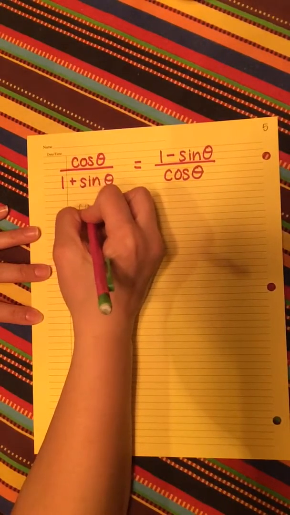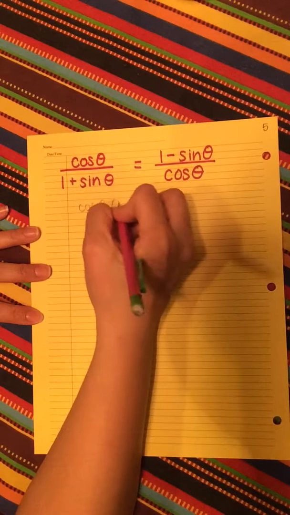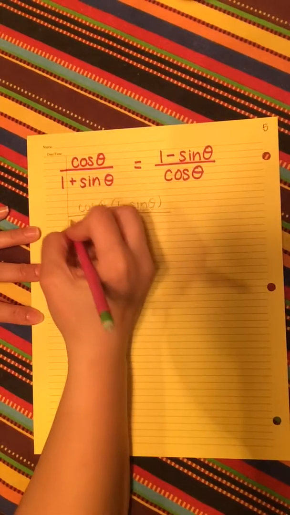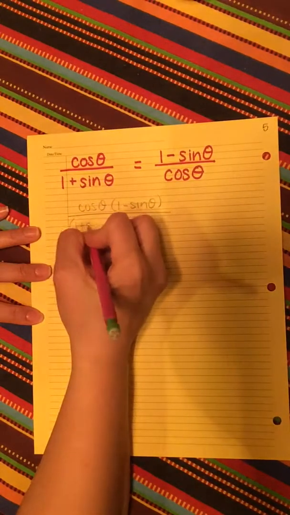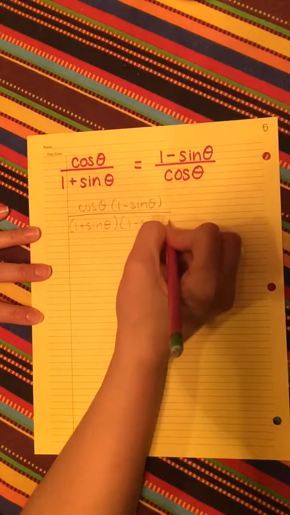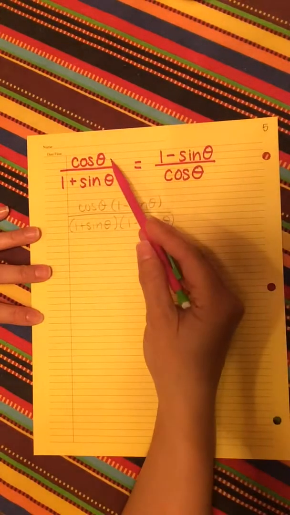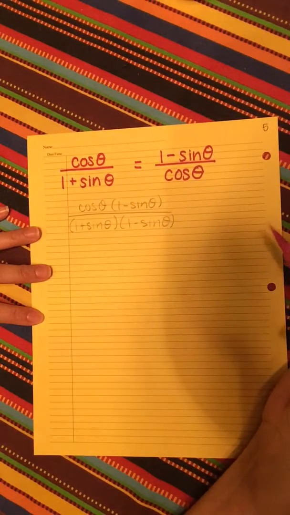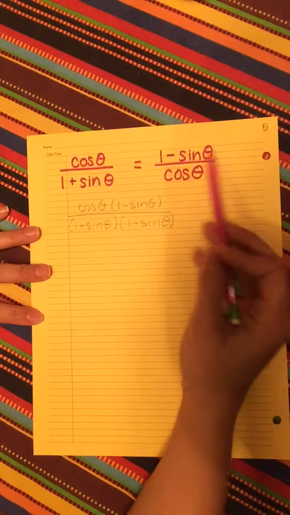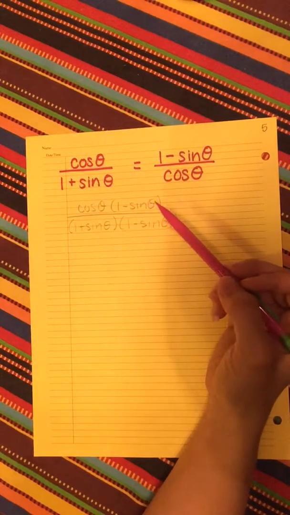So we're going to multiply by 1 minus sine of theta. Okay, so on the left-hand side, we're just multiplying both the top and the bottom by 1 minus sine of theta, which you'll notice that 1 minus sine of theta has to exist in our numerator. So I forced it to exist there, which is great.